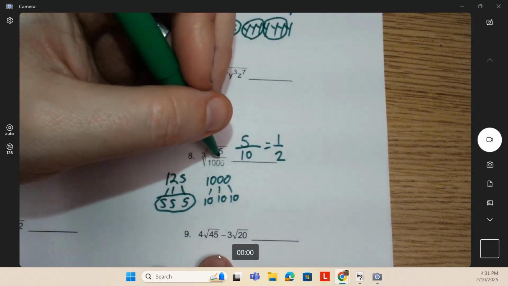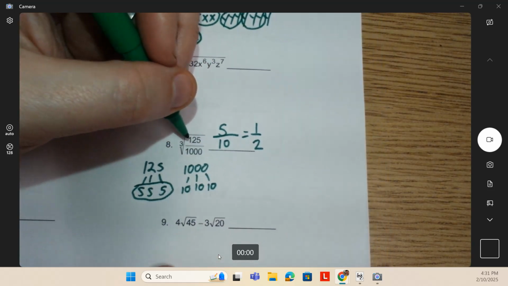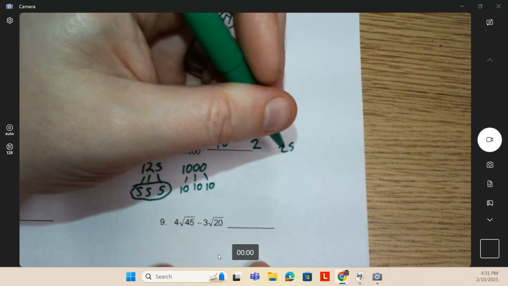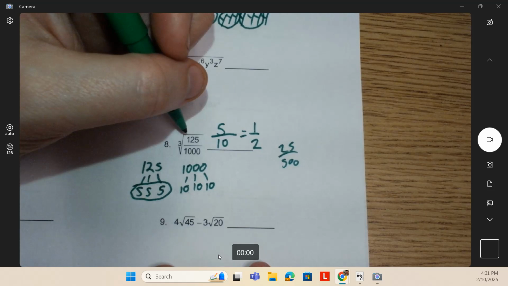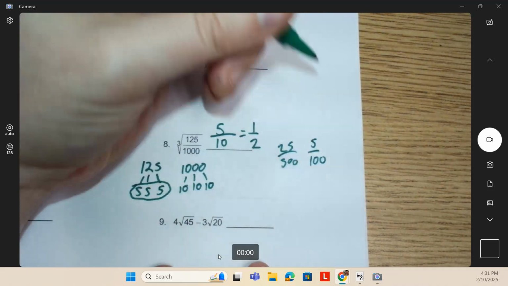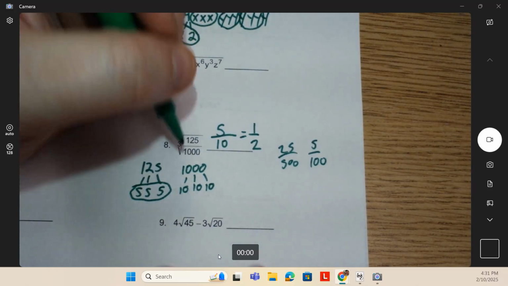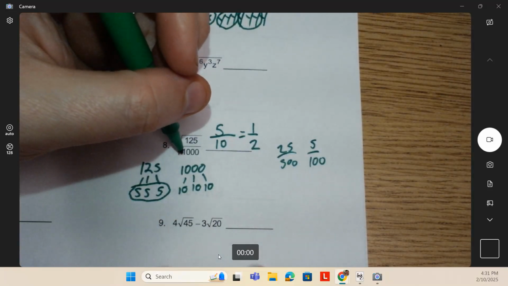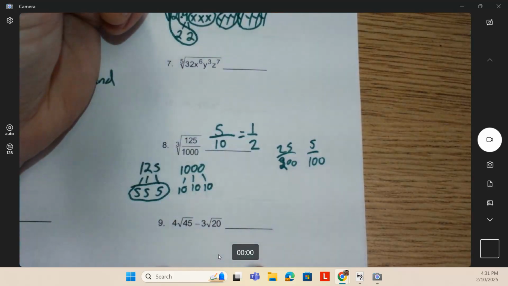The other way, if I divided both those by 5, it'd be 25 over 500. Divide them by 5 again, be 5 over 100, I believe. Well, no, I see I've already gone wrong there. 100 divided by 5, that'd be 200. That's better.